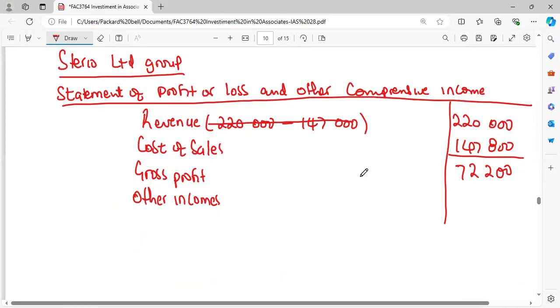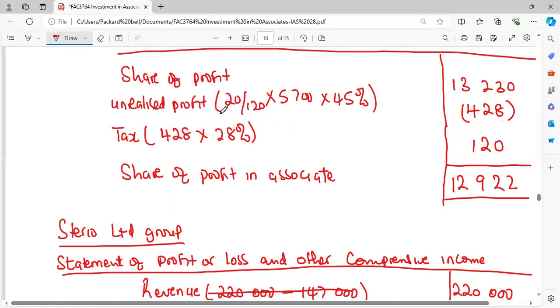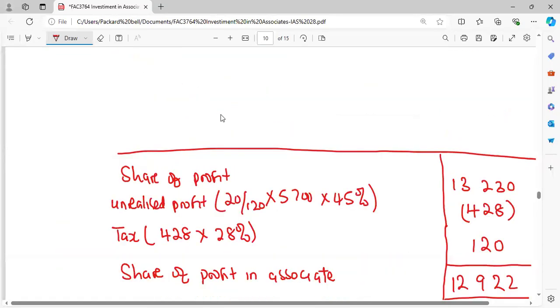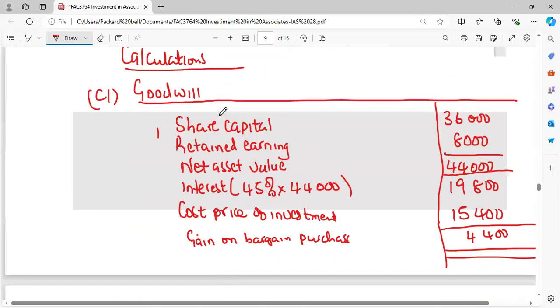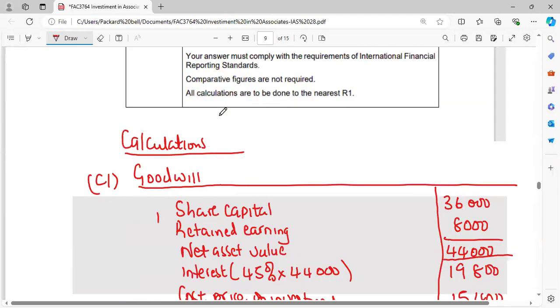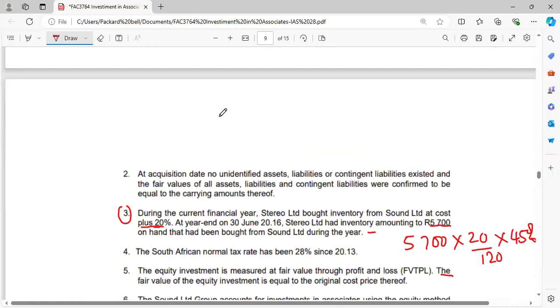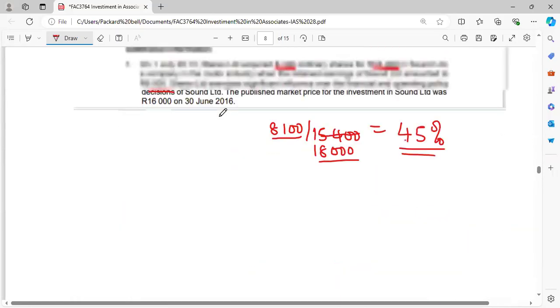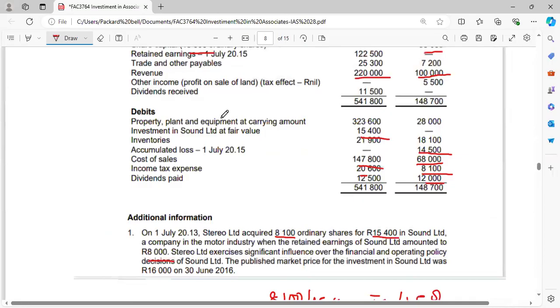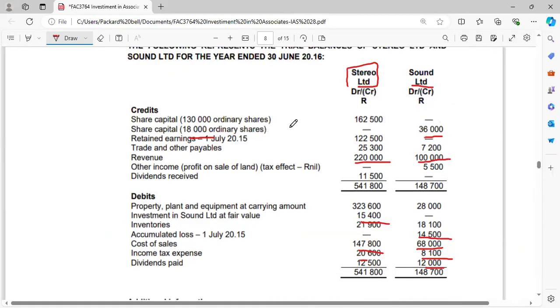Under other incomes, we go and look for other incomes. Other incomes is going to be, we only take for the parent, for the associate.